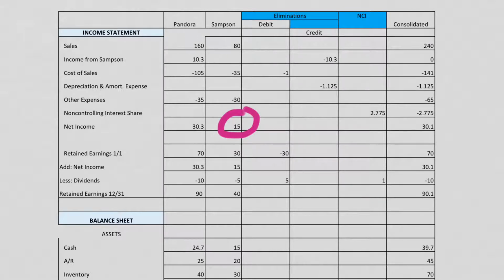They paid, using the numbers here, 1 more than it is on the books of the sub. So if the beginning inventory was 1 more than it was on the books of the sub, let's think what that means.